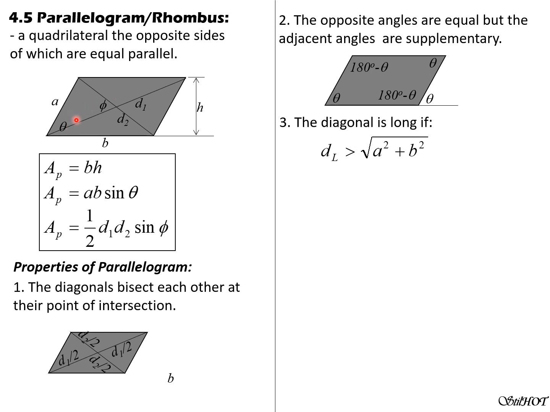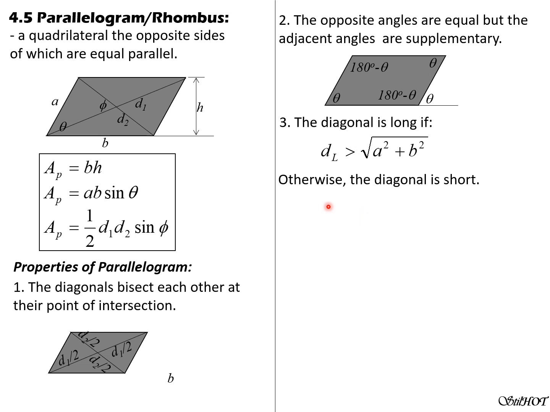This one is the long diagonal because it is greater than the square root of a squared plus b squared, where the square root of a squared plus b squared would be somewhat shorter. Otherwise, the diagonal is short.